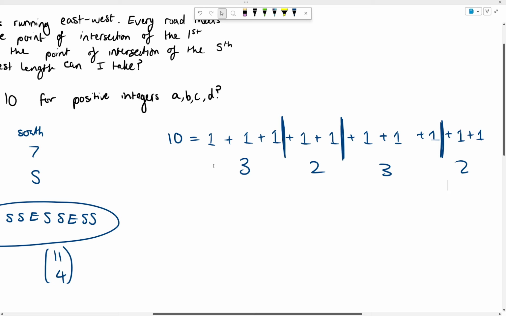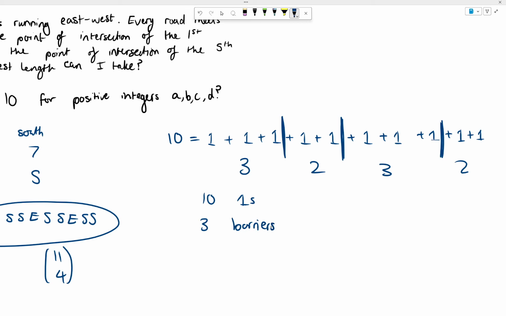So again, this is like performing moves. So if we have 10 ones and we have 3 barriers, in total, we have 13 objects, and we're choosing 3 of them to be barriers.